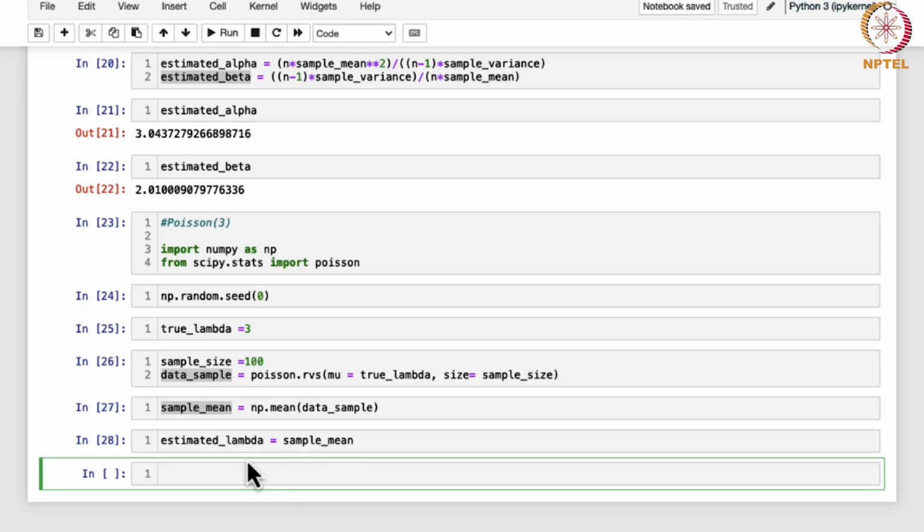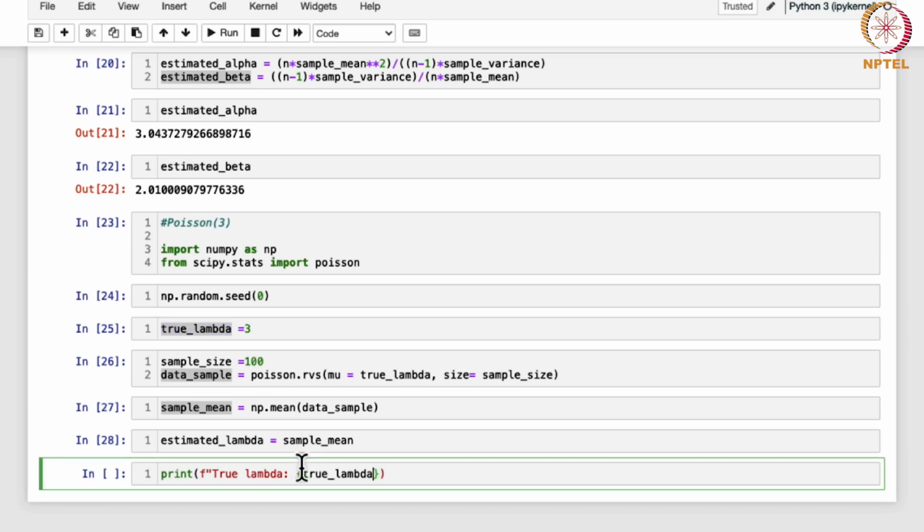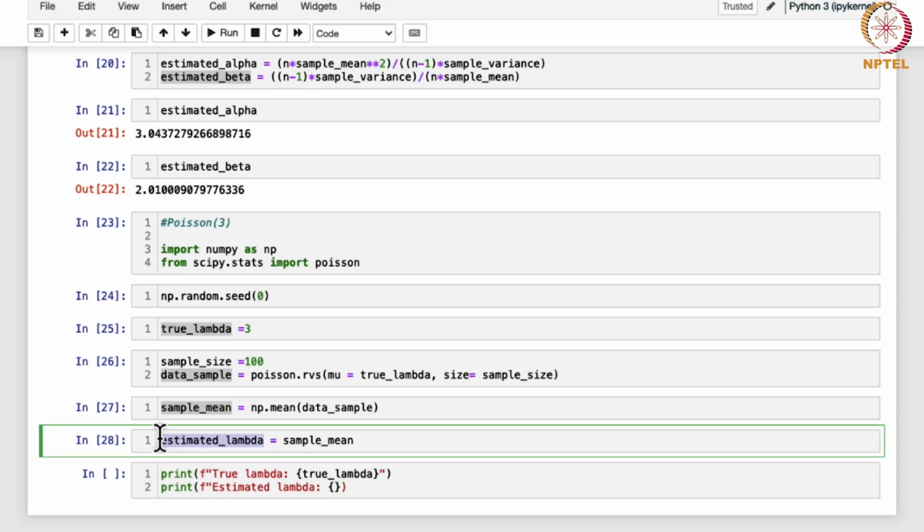If you want to print this, we can print it also. So f string, let us first write the true lambda, the value that we have defined over here, and we will write the same thing for your estimated lambda.